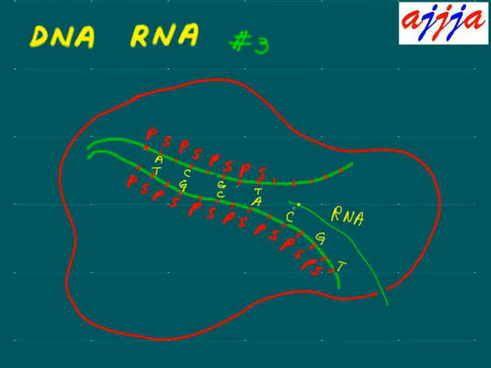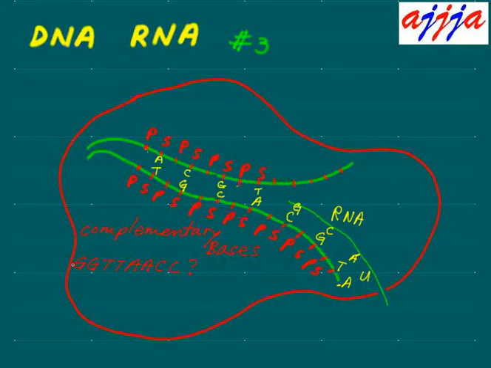Then C, G. Now G, C. Now T, A. But what if we have A? A's complement is T, but that was DNA to DNA, not RNA. For RNA, you're going to take U. Instead of thymine, you're going to use uracil.